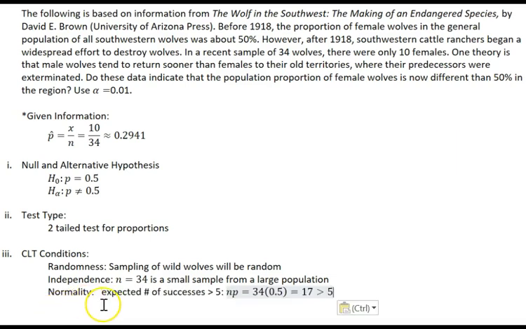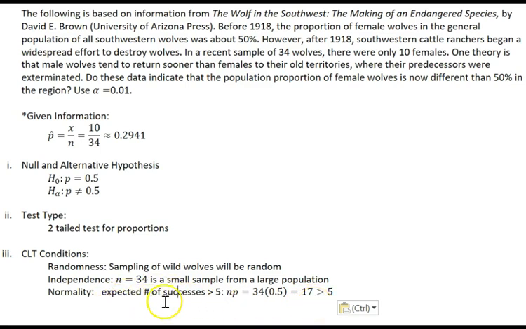So for normality, the expected number of successes is my sample size times what I'm assuming to be the true proportion. So 34 times 50%, which is 17. That's greater than 5. I would expect out of the 34 wolves that I gathered that 17 of them were female, and I would expect that 17 were male.